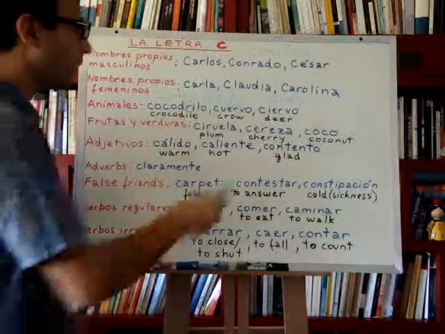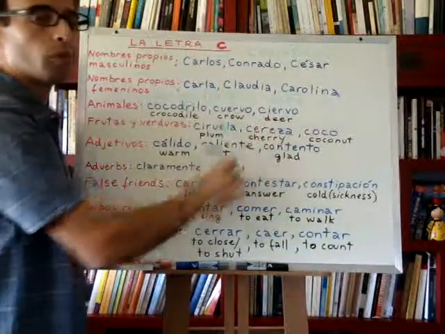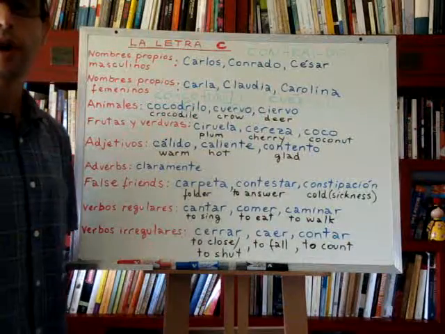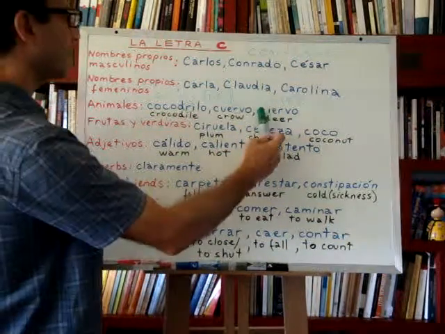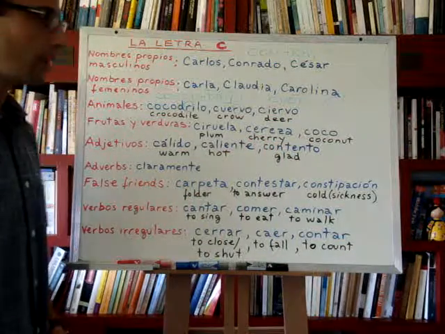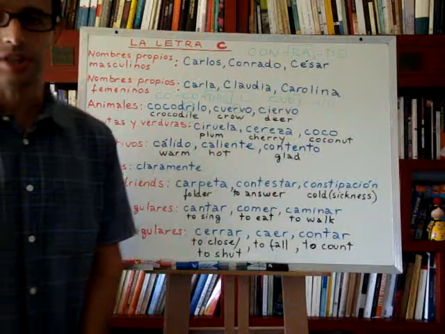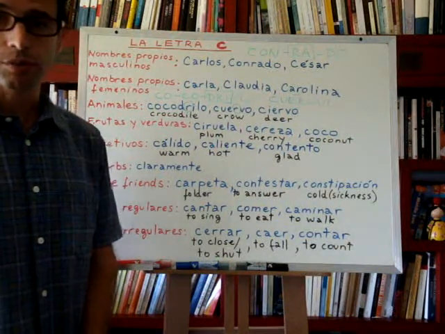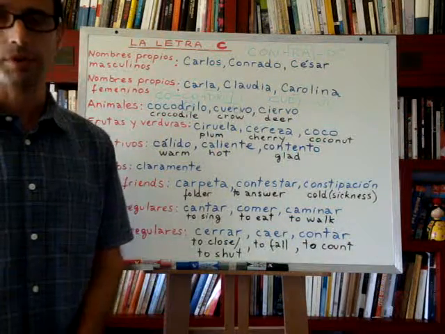Okay, so the R is neither doubled nor at the beginning of a word or a syllable. So it is a smooth R. Cuervo. Okay, and our last example is ciervo. Same thing. Ciervo means deer, the animal. The R is also smooth. Ciervo. That's how we separate it in syllables.